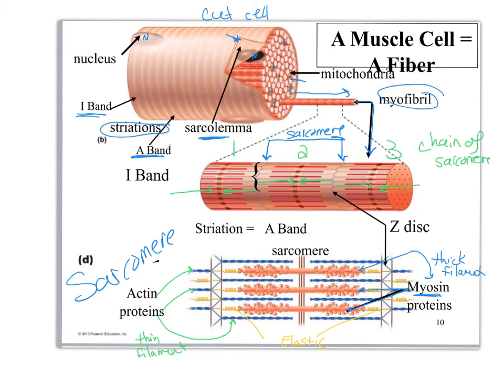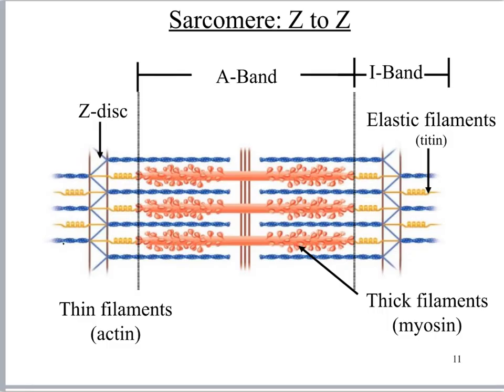Okay, so let's blow this up even bigger and focus in on it. All right, now we're looking at the sarcomere done big. Okay, we've got again a Z disc and a Z disc. Within the Z disc, we have the elastic filaments, which are made out of a protein called titin.